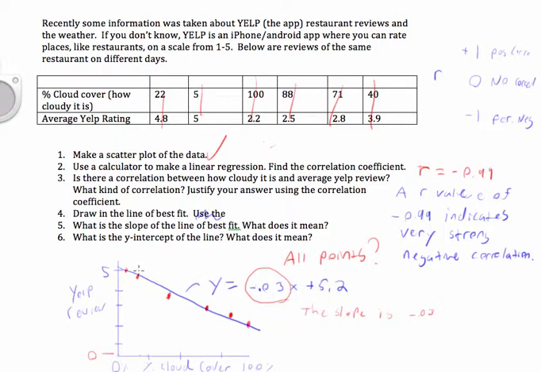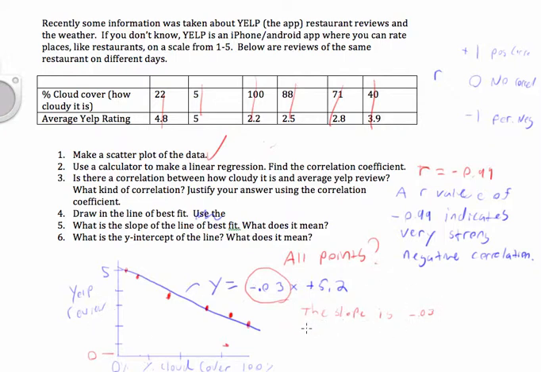Well, the slope is how much the line changes for every unit I go right. So if I go to the right by 1, which in this case would be 1% cloud cover, how much does the line go down? What this is saying is that because this is negative, if I go up by 1% cloud cover, my line, or my function, or whatever you want to call it, will go down. Going down, what does that mean? That means my review goes down.